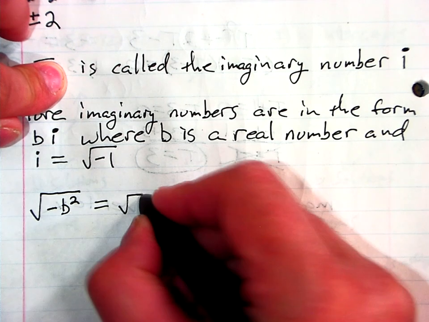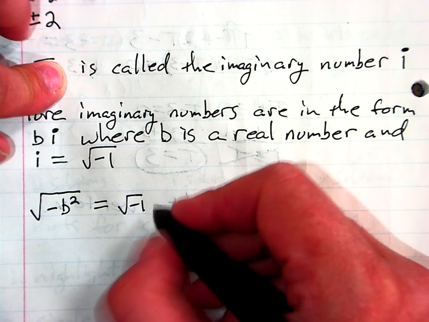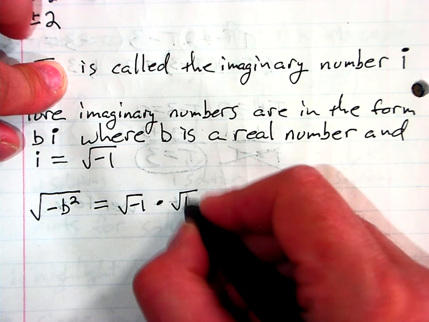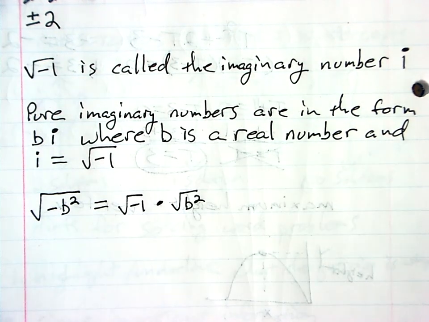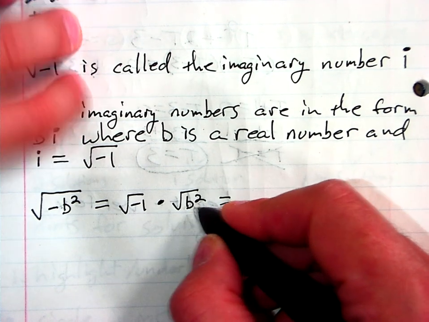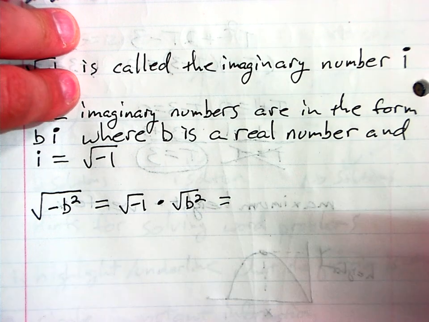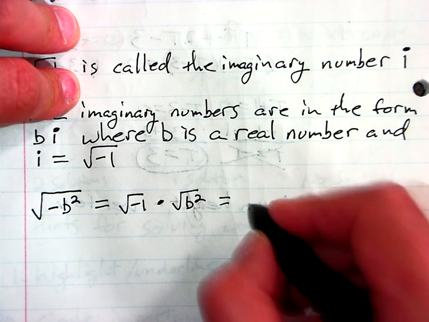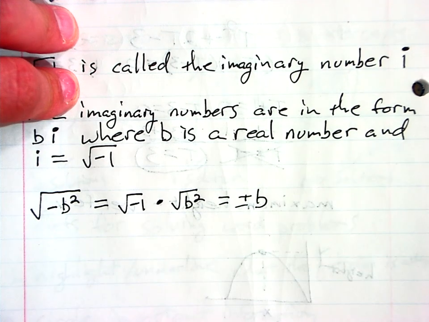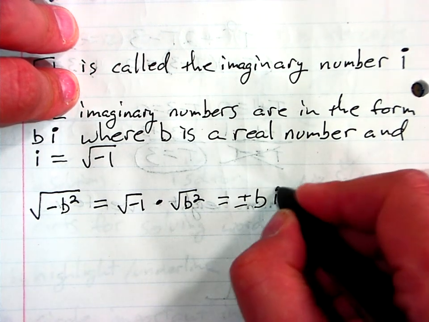So square root of negative 1 times the square root of b squared. What's the square root of b squared? What happens to the square and the square root? They cancel out to leave plus or minus b. And what did we say the square root of negative 1 was? i. There you go.